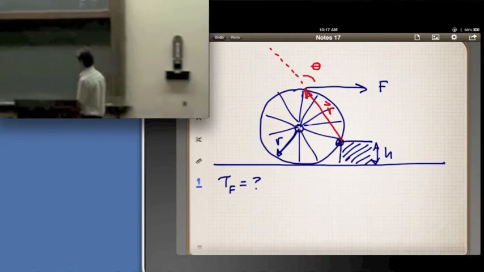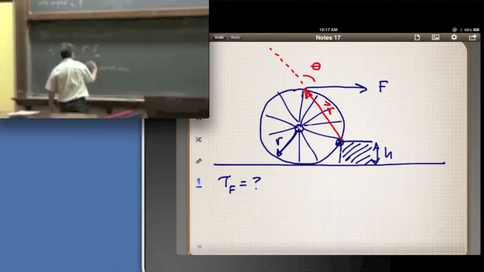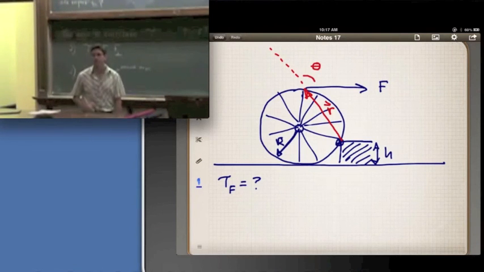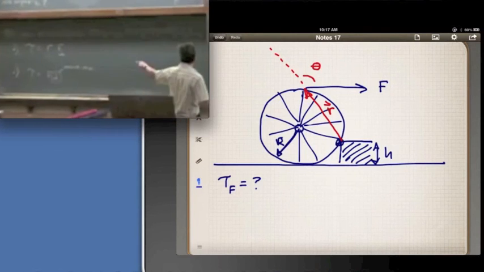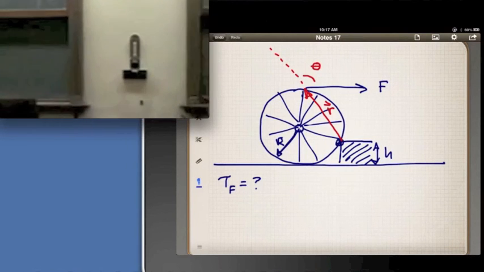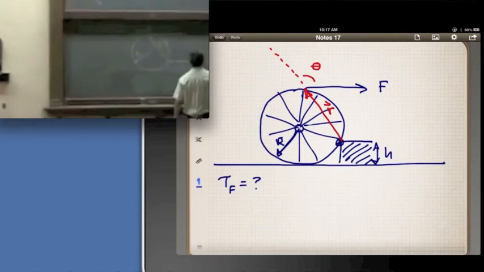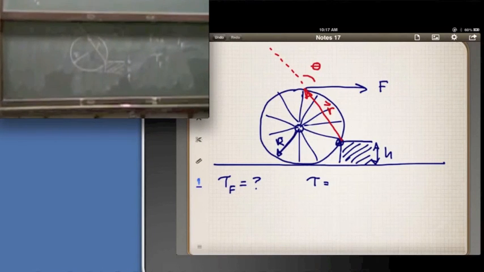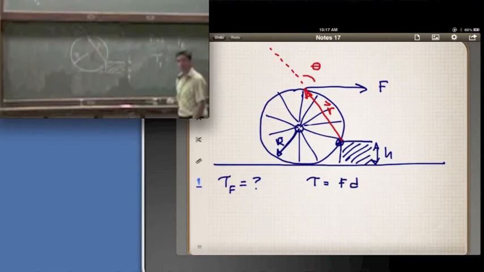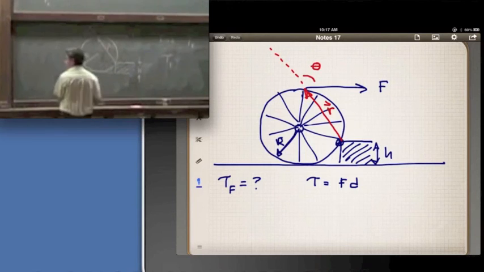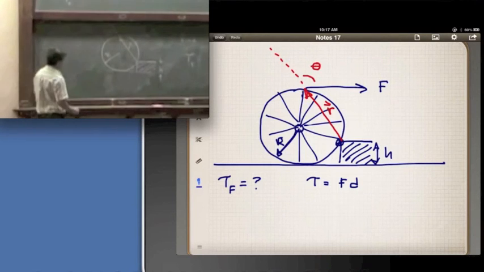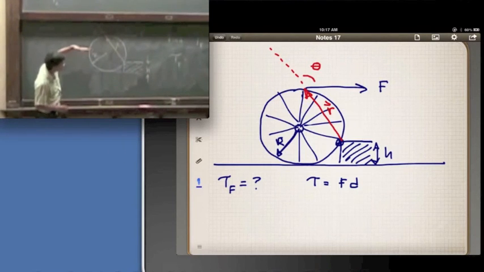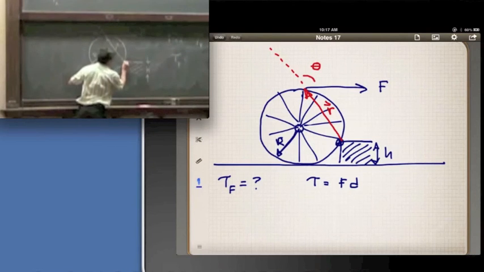So if that seems too complicated, look at the second option that you have. If I use the second version of the same equation for torque, immediately I know what the torque is. How much is it? The equation says that I need to find the perpendicular distance between the line of the force and the axis of rotation.